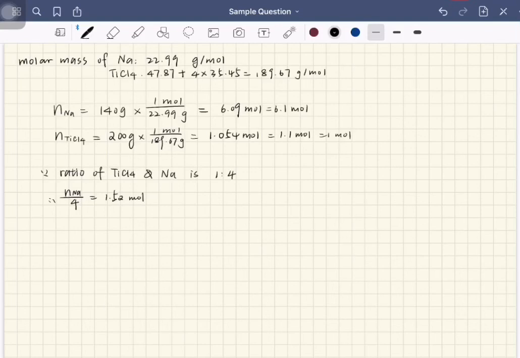However, 1.52 moles is larger than 1.1 moles that we calculated for titanium tetrachloride. So the titanium tetrachloride is the limiting reagent for this question.